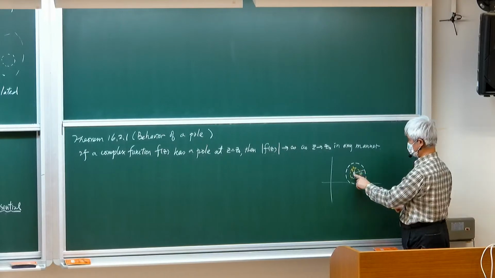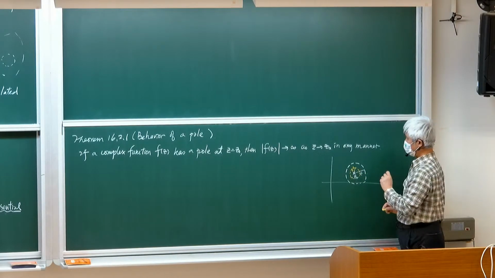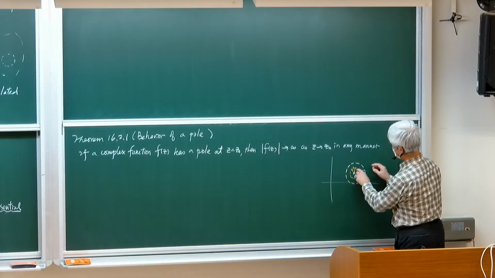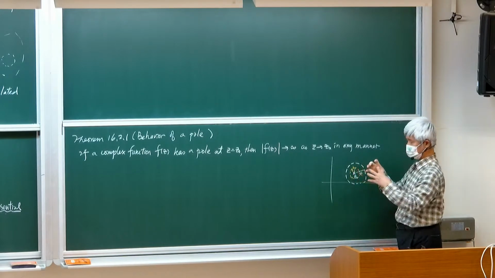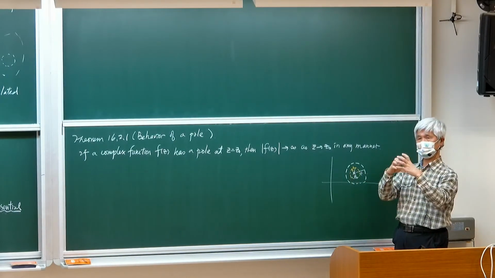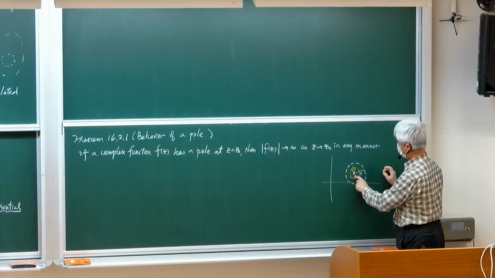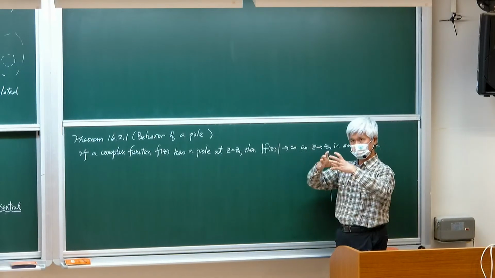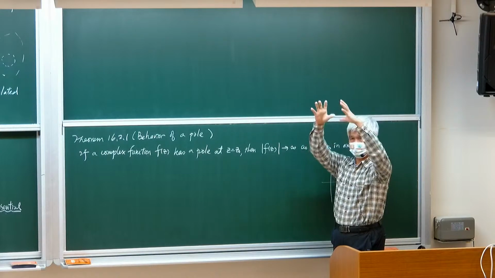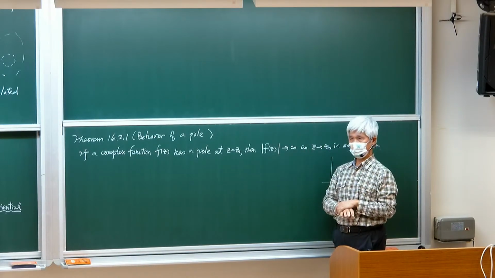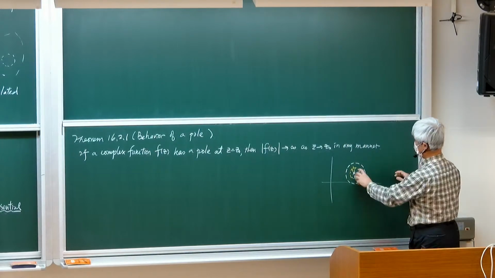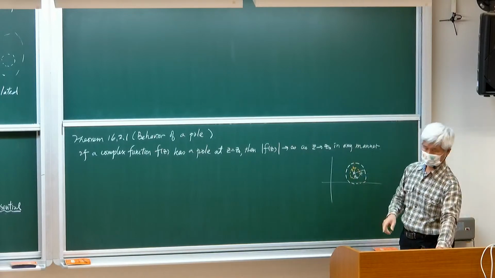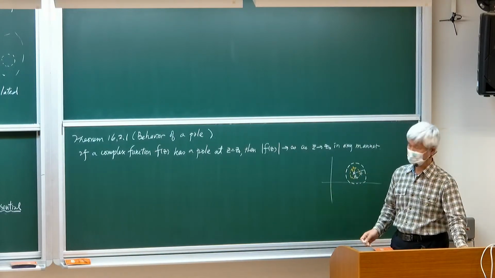And the behavior is that if epsilon goes to 0, then all the points except the center, the magnitude will go to infinity simultaneously. So that is the behavior of the pole.